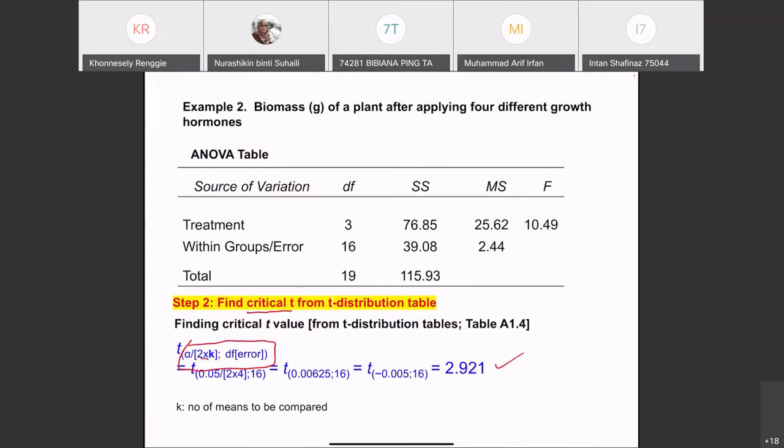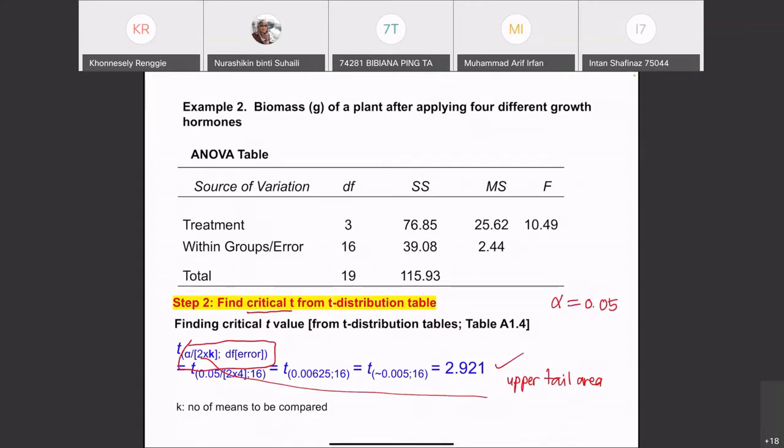This one is actually what you have to refer to in the table, the upper tail. This is actually the upper tail area formula. Don't get confused, because you might know from any equation that you are analyzing what the alpha value is, let's say it's 0.05.